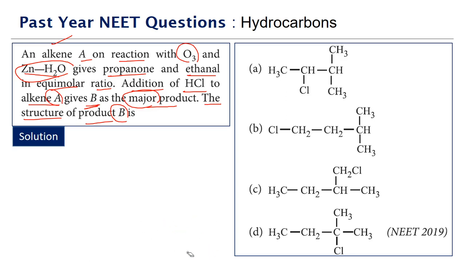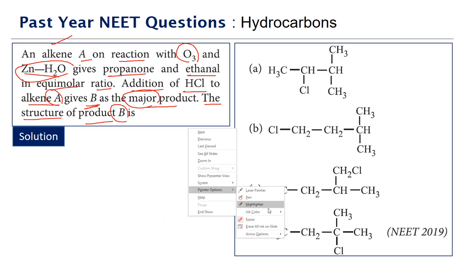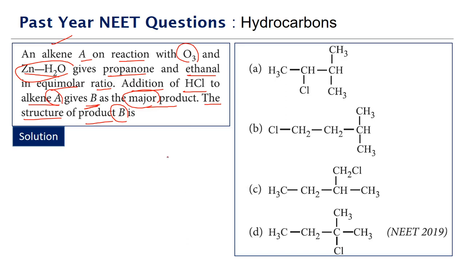Other one is ethanal. So ethanal is basically CH3CHO. This is ethanal. And propanone is CH3COCH3. Propanone can also be called acetone. Acetone is the common name for propanone.